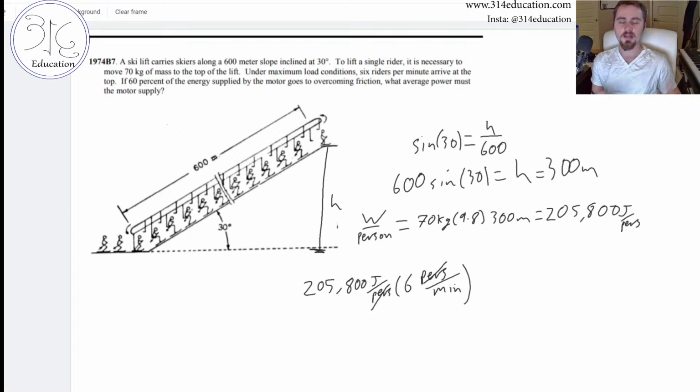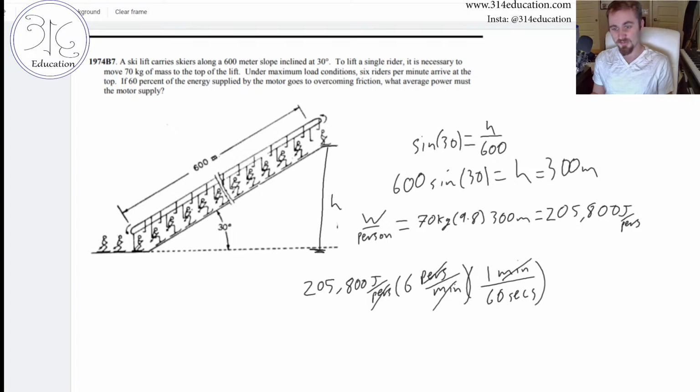And if we get it in joules per second, that's in units of watts, which is what we want to work with. So we're going to get one more conversion factor, which we want on the bottom. So we have 1 minute per 60 seconds. Minutes cancel out. We have joules per second now.